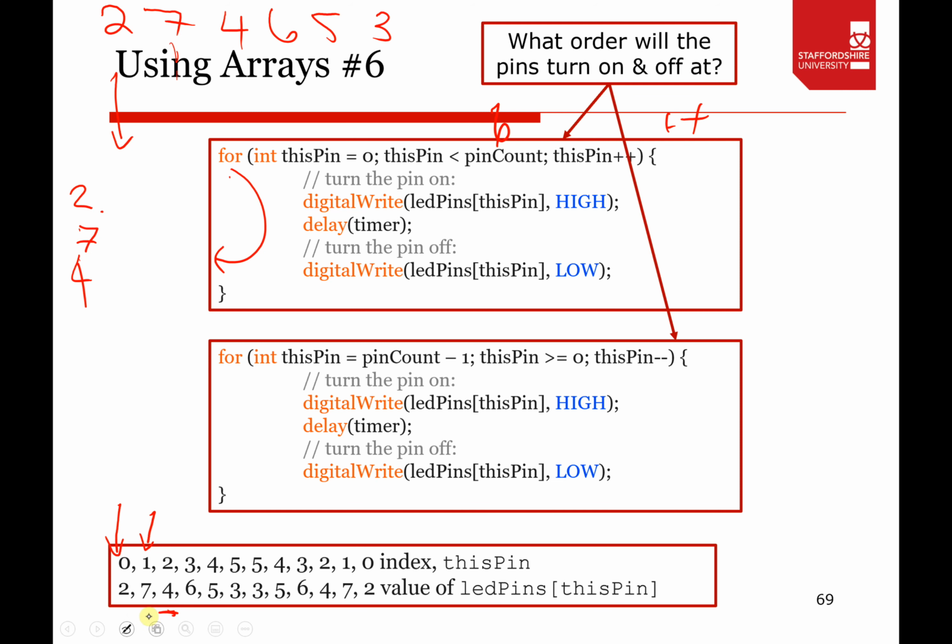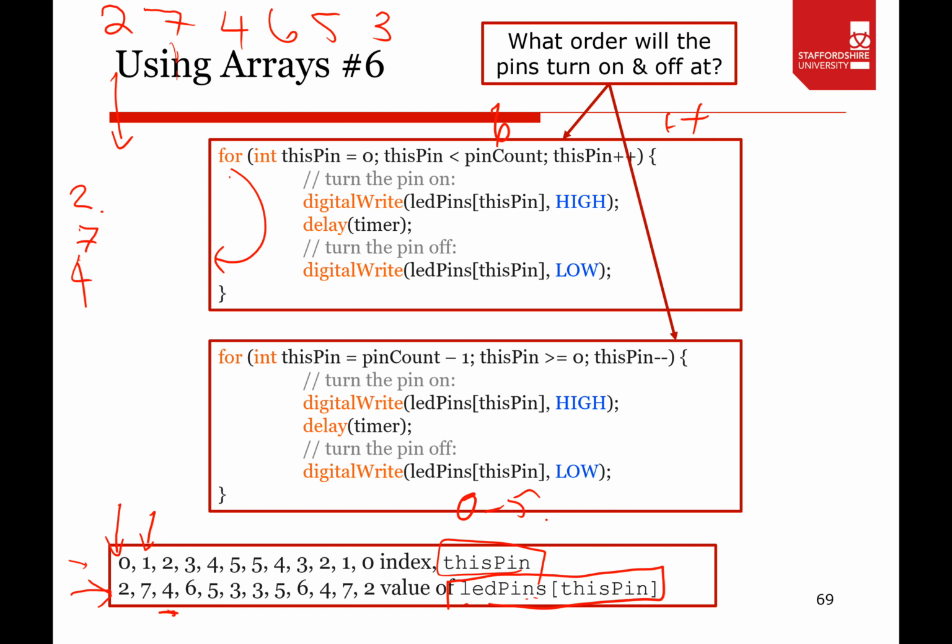So this is the digital pin on this line, and this is the index. This is referred to as LED pins, and this pin is the number counting from 0. This goes from 0 to 5.